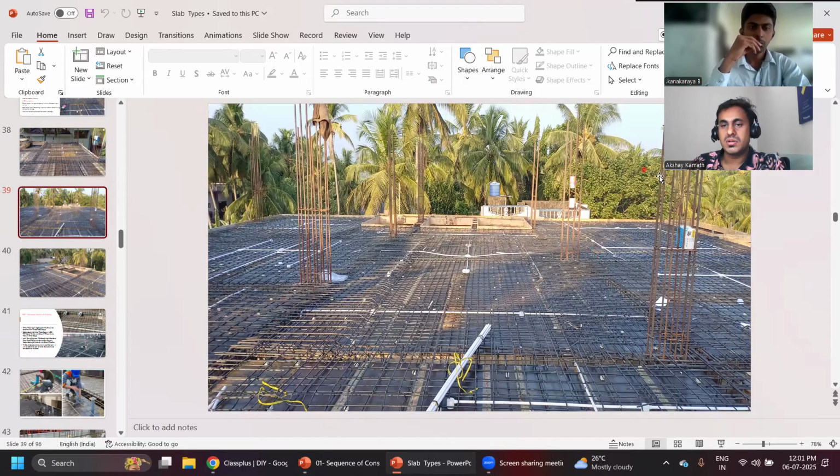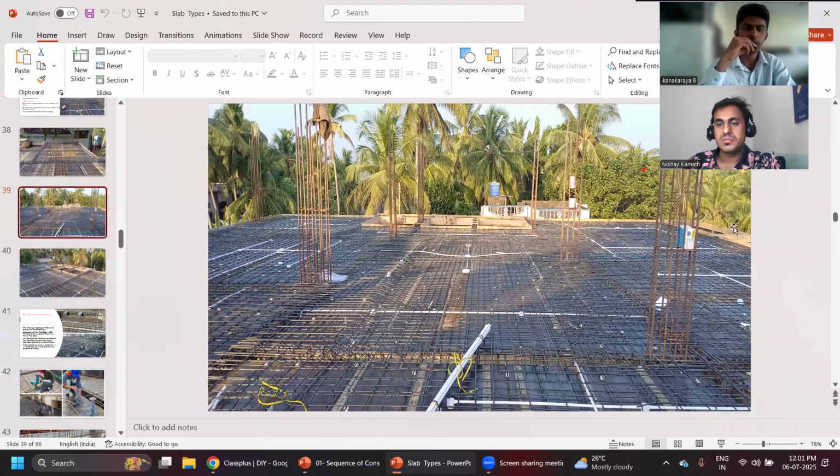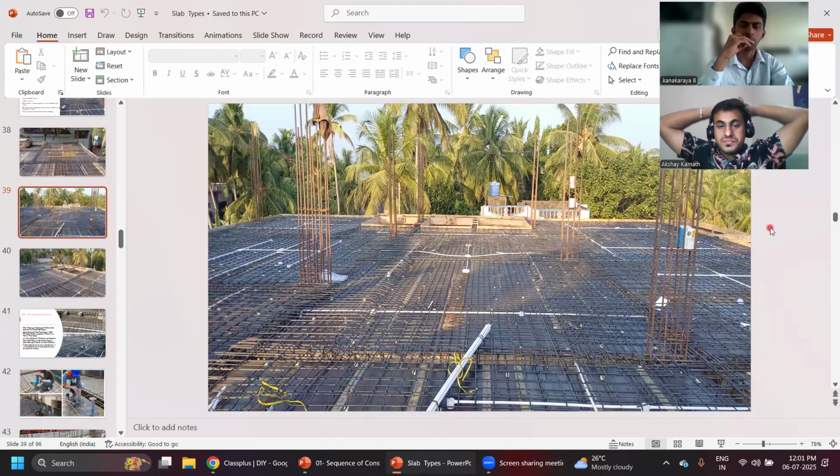Sir, first I will check whether the MEP employees have come and laid the electric pipes, and whether clear cover blocks are provided or not.